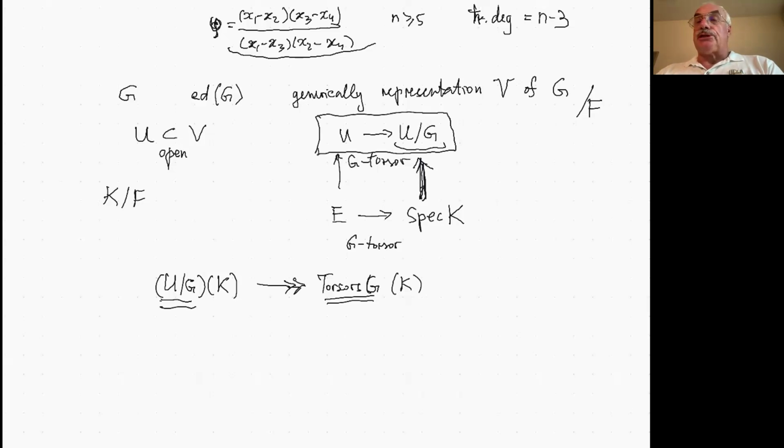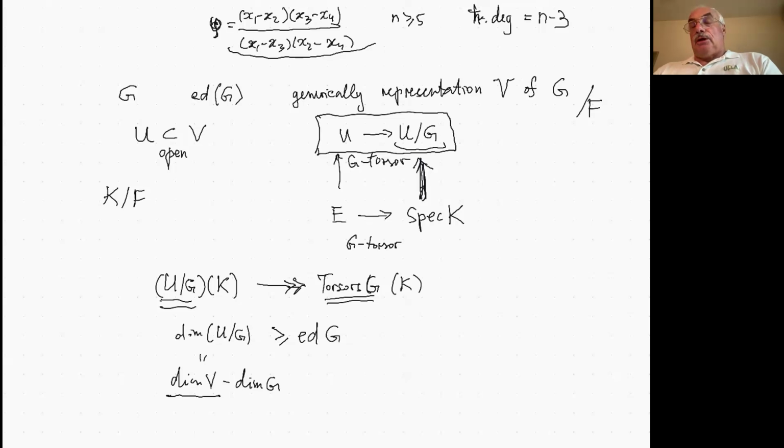In particular, we get that the essential dimension of the group G is at most the dimension of the variety U mod G, which is, of course, dimension of V minus dimension of G. So if you find a generically free representation of the group with some small dimension of V, you get a good upper bound for the essential dimension of G. Unfortunately, it doesn't give the precise value.